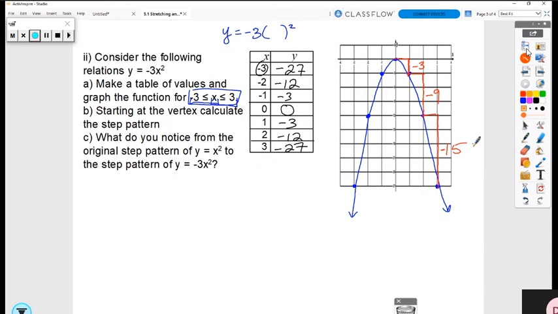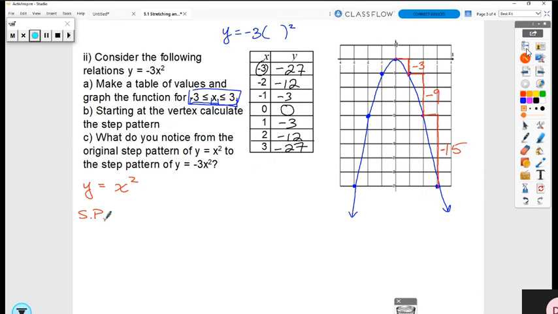It's almost like slope, remember? You go down 1, over 1, or something like that. Same idea here with step pattern. So what do you notice? What was the original step pattern of y equals x squared? Does anyone remember? Because this one's got to be drilled into your brain. If you got to absolutely memorize this, that's fine.